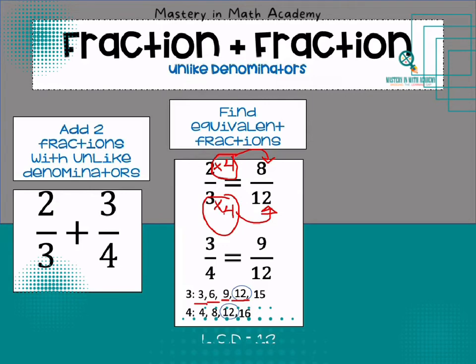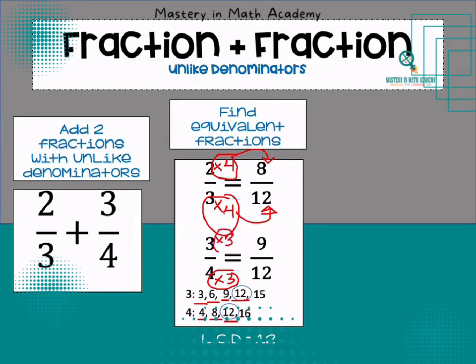We're going to do the same thing for our 3/4. We're going to look at our multiples and then ask ourselves, how many times did we add 4? We added 4 3 times. We're going to multiply 4 times 3. And remember the rule, whatever you do to your denominator, you have to do it to your numerator.